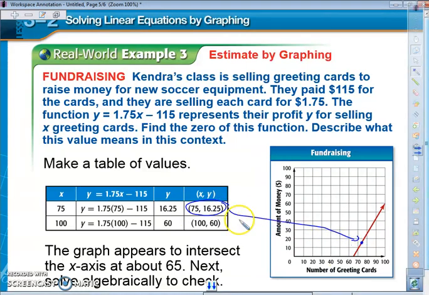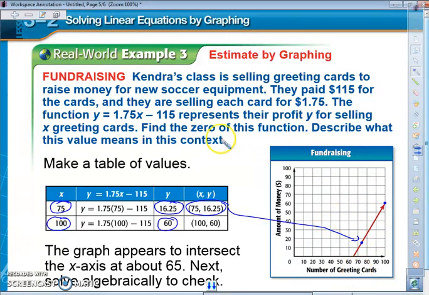You have your input value of 75, you have your output value of y, and so you can graph those two. Input, output. Now, what if they sold 100? If 100 is the input, 60 is the output. 100, 60. Right there. 2 points to make a graph.